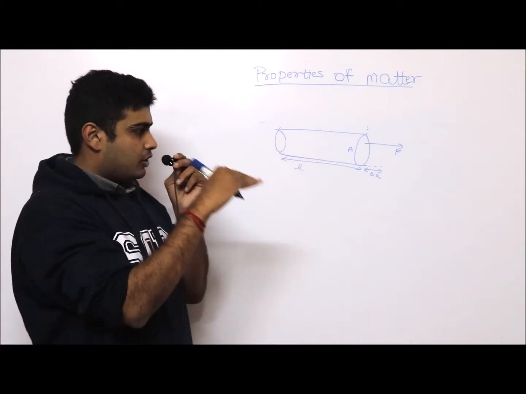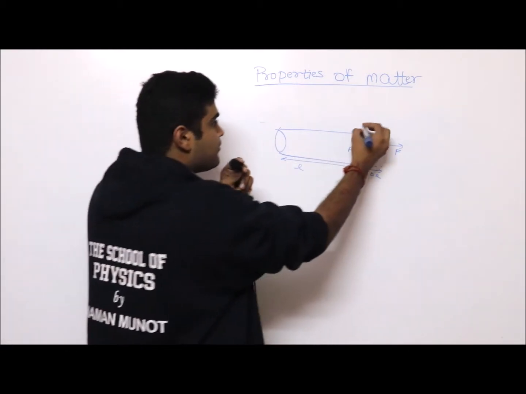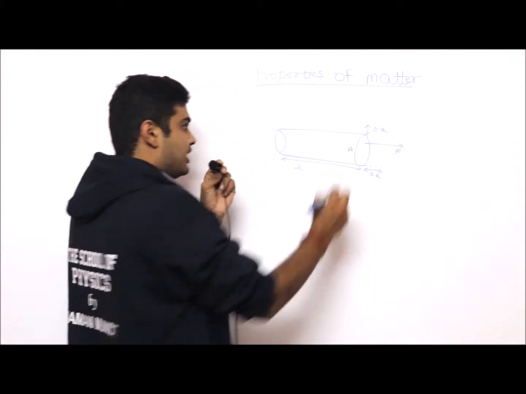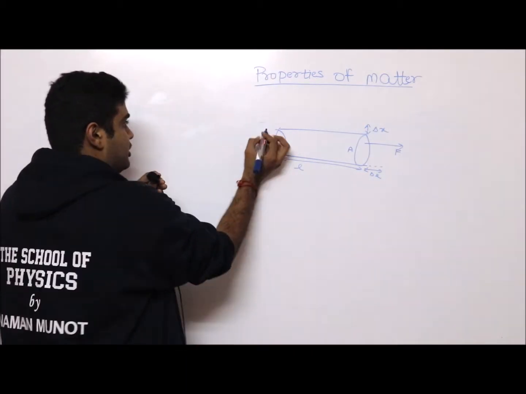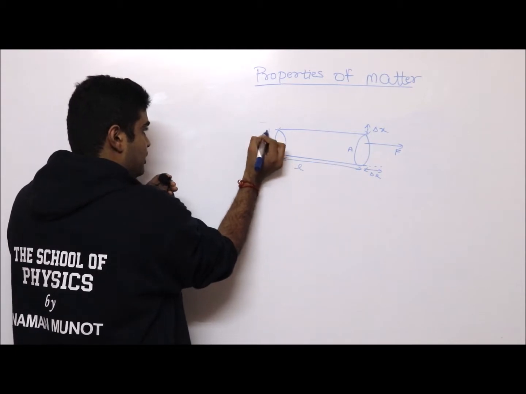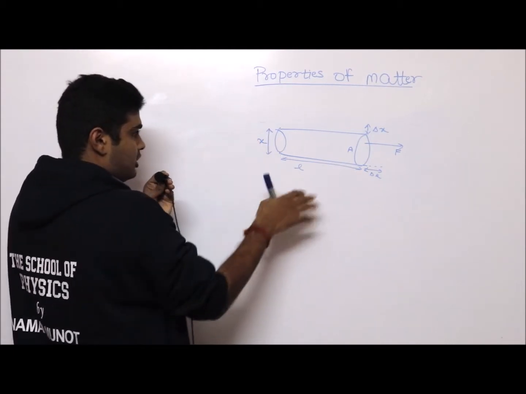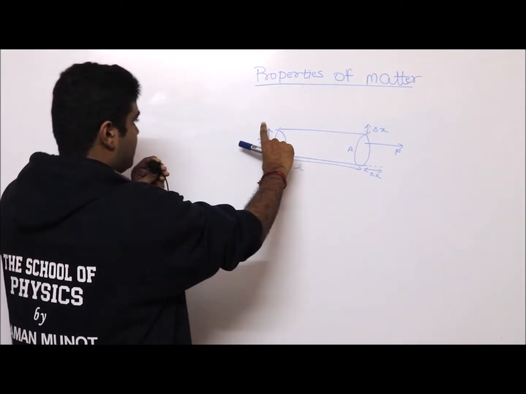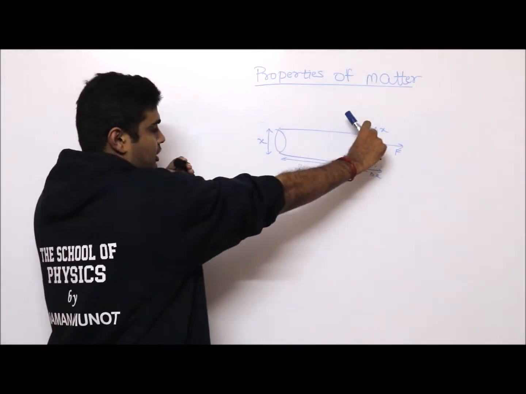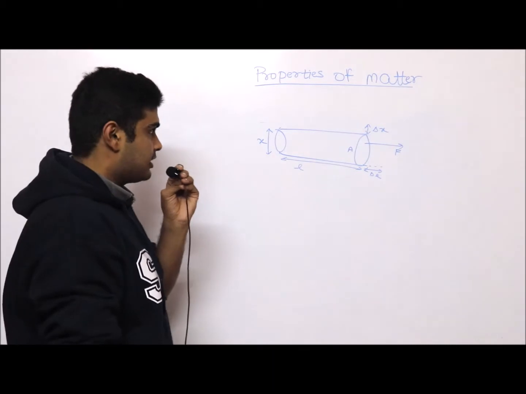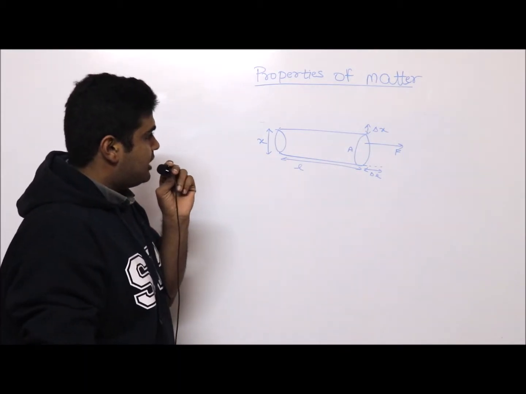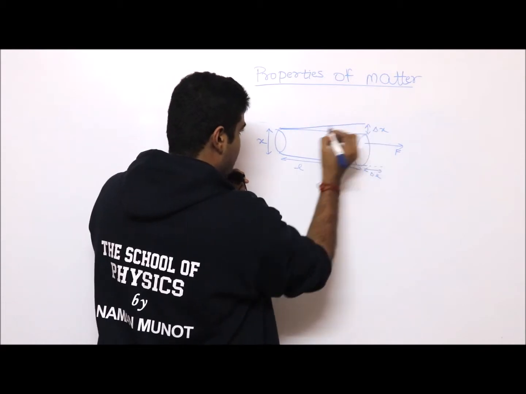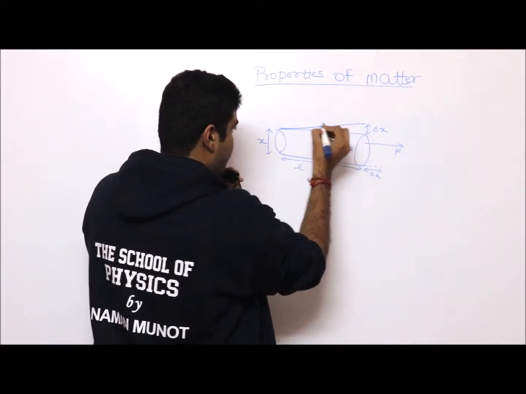There is also some elongation in the latitudinal or lateral direction because of this force. The lateral initial length is x, and now it has grown to x plus delta x. So there is some deformation here, and this angle is say phi.